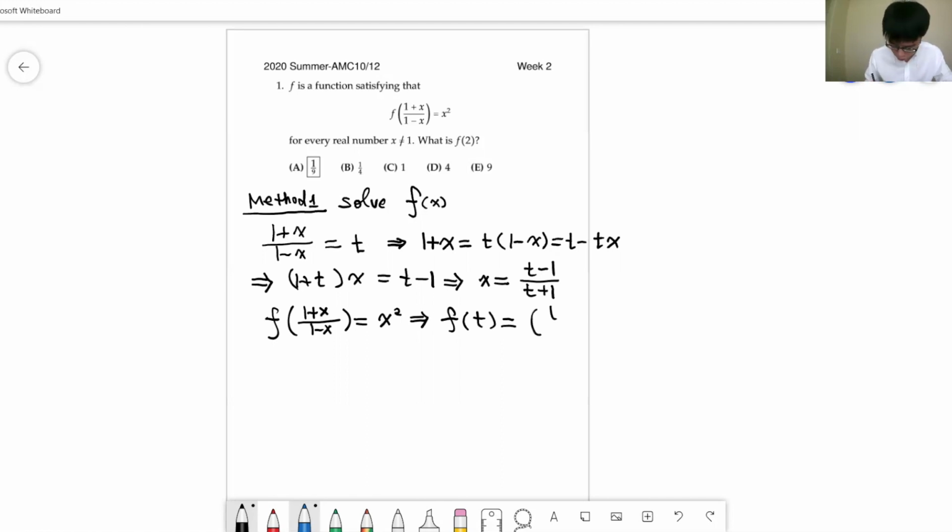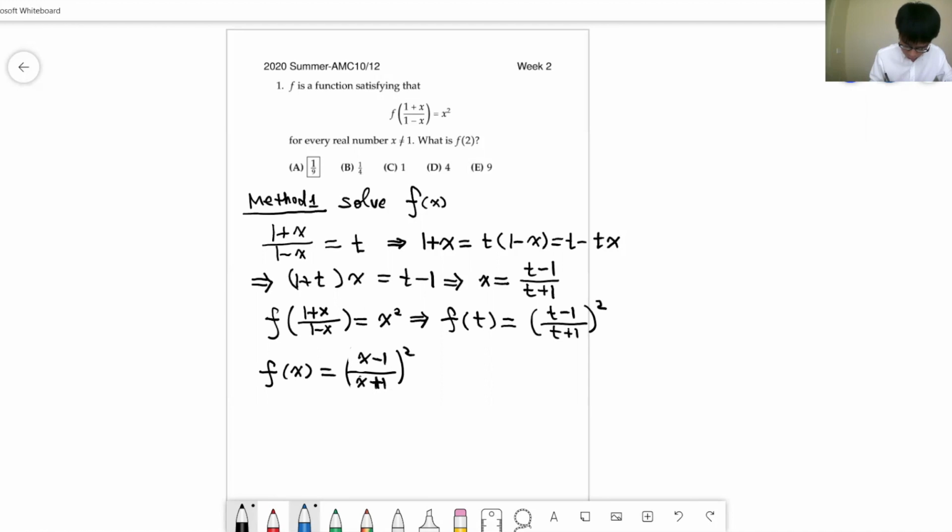So this is (t minus 1) over (t plus 1), squared. That's the formula for f. We can simply write it back as f of x, equal to (x minus 1) over (x plus 1), squared.